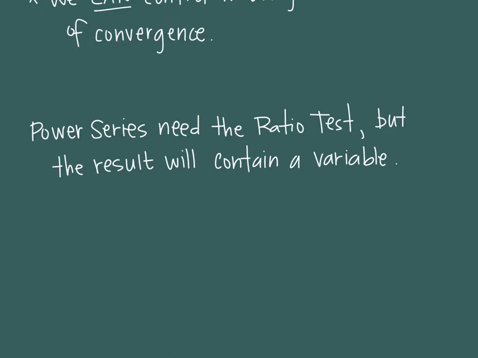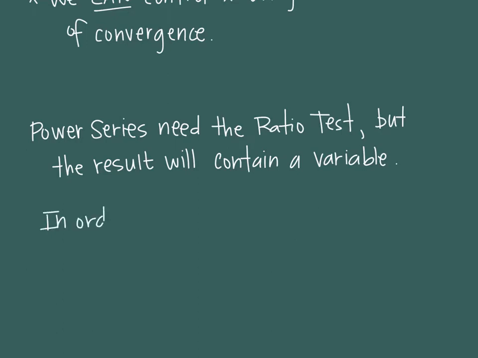If the result of the ratio test was just plain x, then yes, x has to be between -1 and 1. But if the result turns out to be some other expression of x, like 1/2 x plus 4, that has to be less than 1, the whole thing. So for the interval of convergence, you might have to do a little more math to it. Okay.